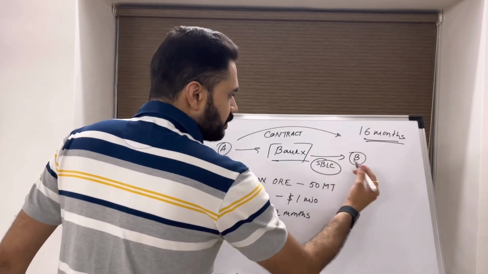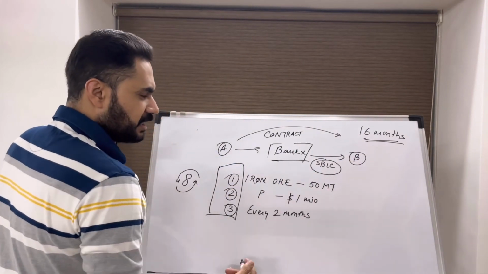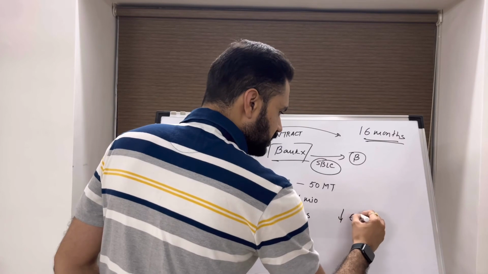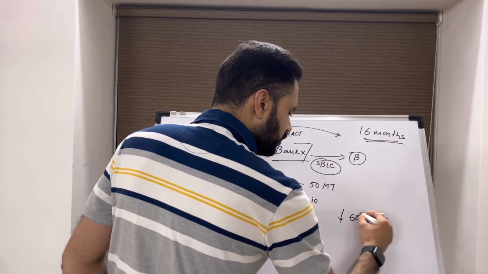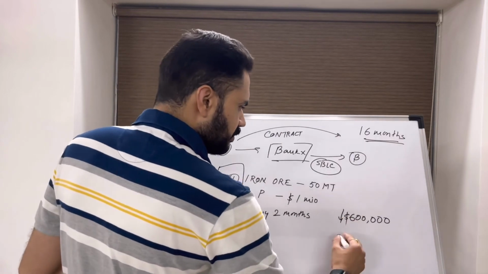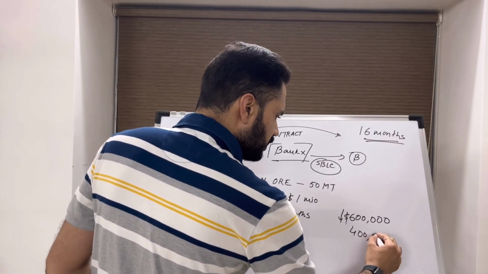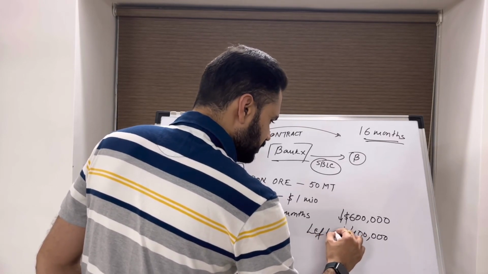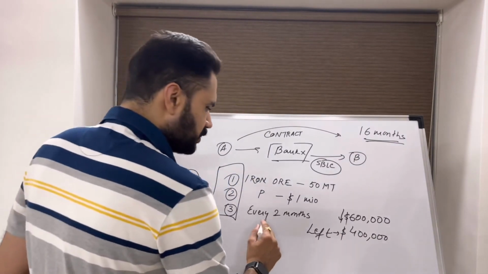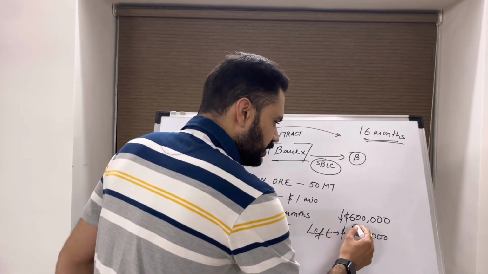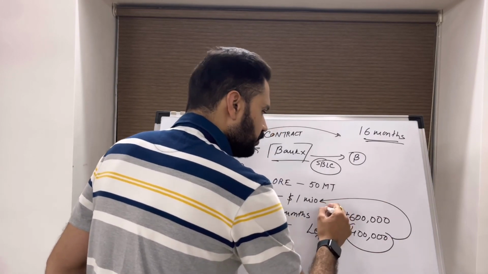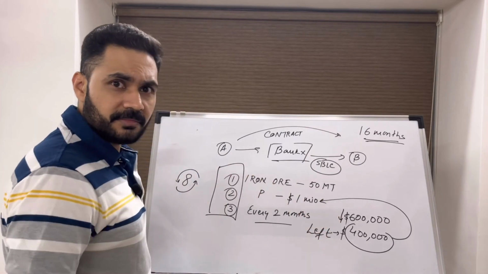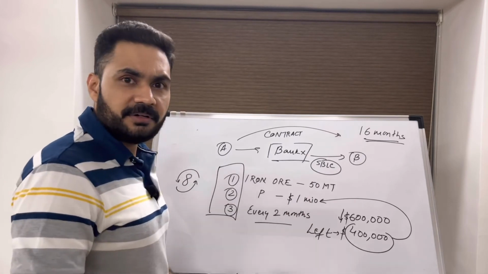Suppose the beneficiary draws within these 2 months and has withdrawn $600,000. Now the leftover amount is $400,000. Once this 2 month period ends, this 400 will be reinstated to 1 million. This is what is meant by reinstatement.